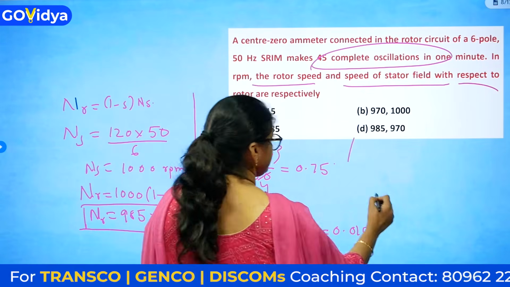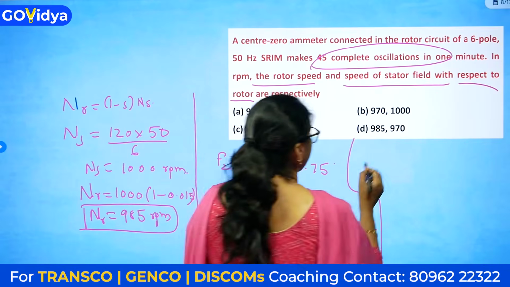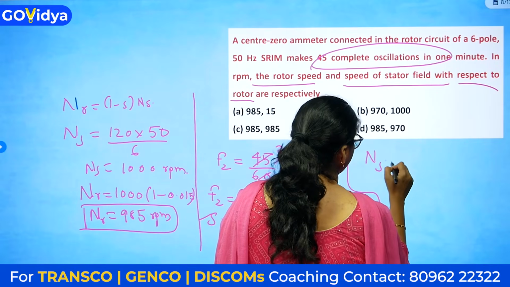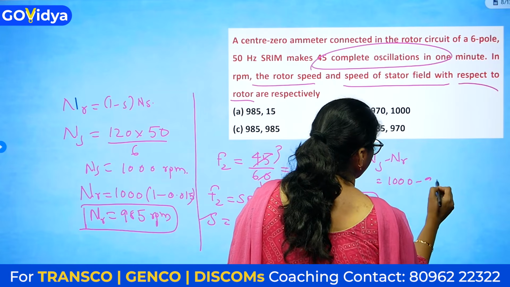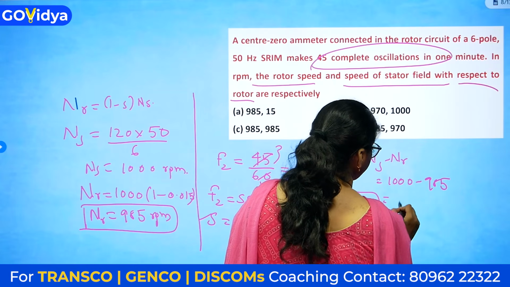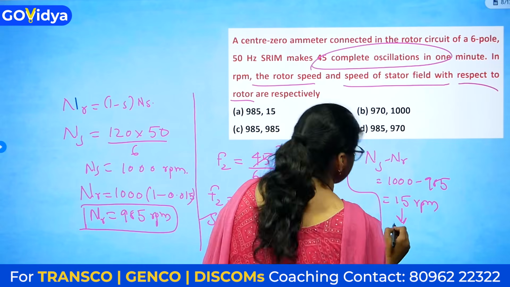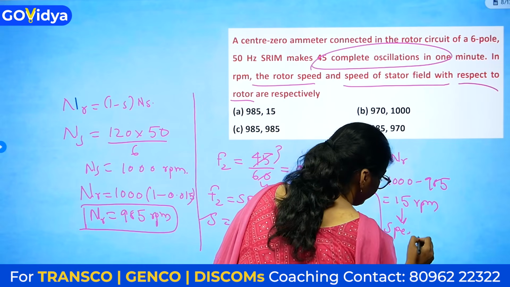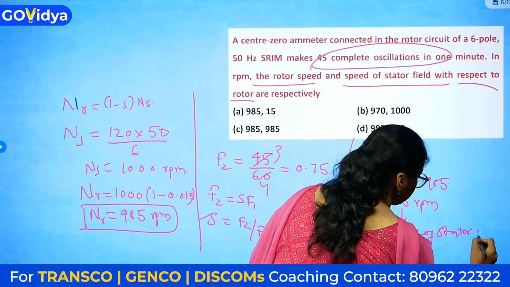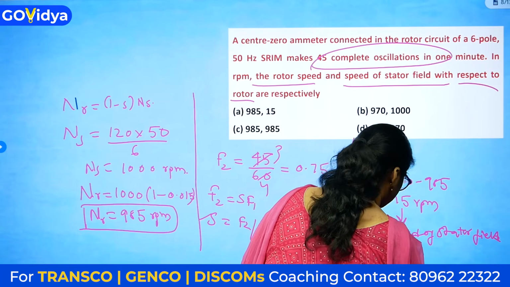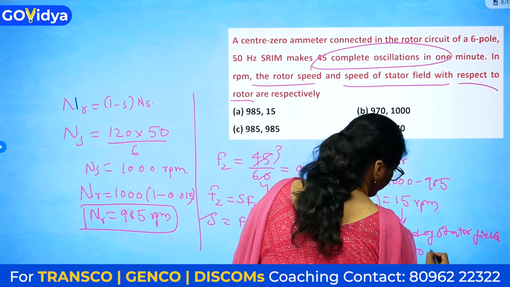Now the second question is the speed of stator field with respect to the rotor, which is Ns minus Nr. So 1000 minus 985, which is 15 RPM. So this is the speed of stator field with respect to rotor.